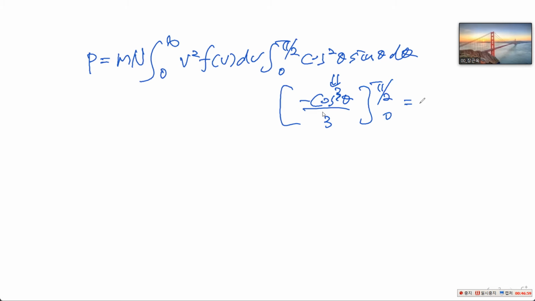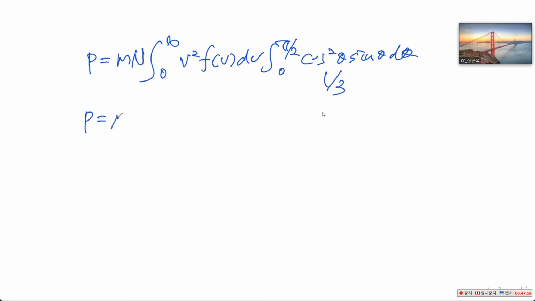It will be what? 1 over 3. Right? If we approach it this way, it becomes one third. So this term is reduced by 1 over 3. Then we have P equals m n integral from infinity to 0 of v squared f(v) dv, and there's a 3.